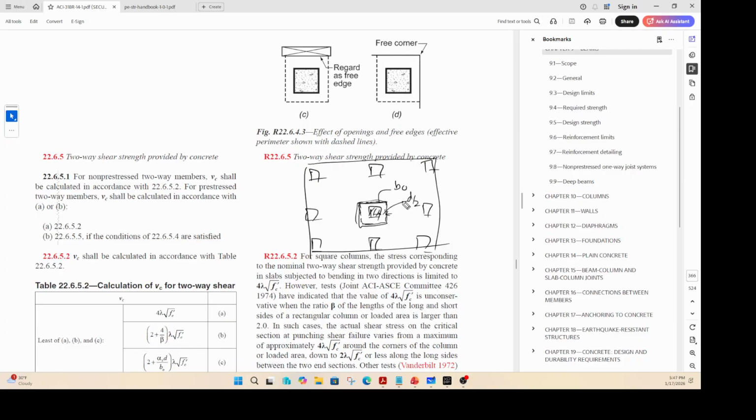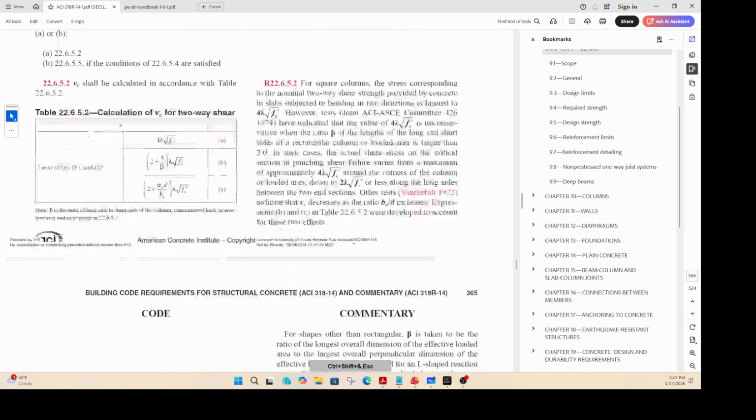Okay. So if you know your perimeter b naught, and you know your alpha value, and in this particular table, you need Fc prime, you need lambda, you need your beta value, which is based on the size of your column, right? For an 18 by 18 square column, beta value is 1.